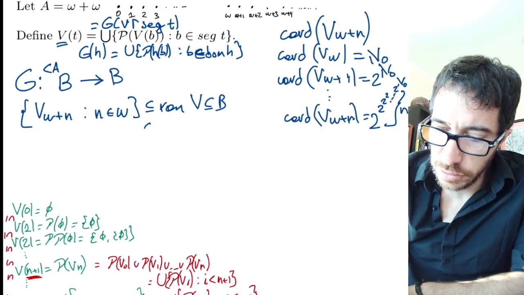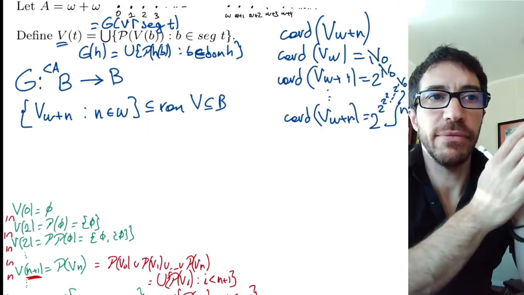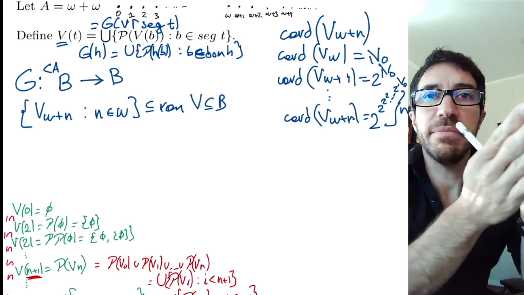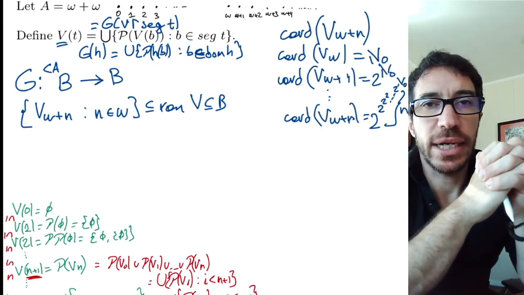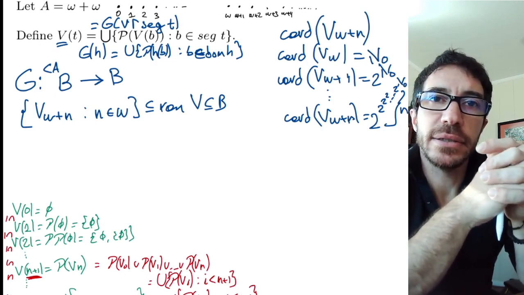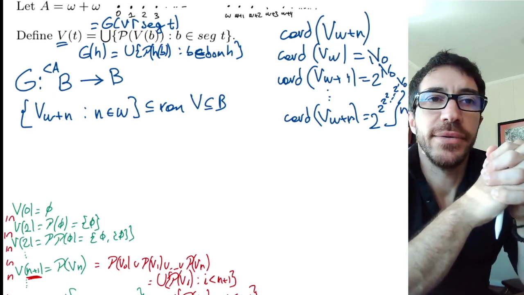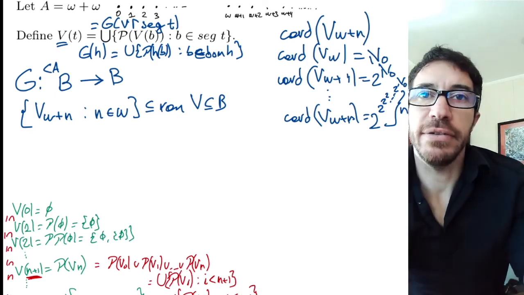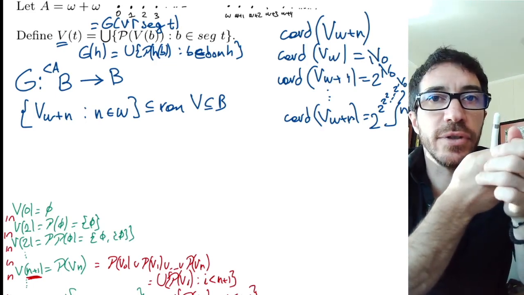But we don't have these guys. We have each of these guys separately, right? We can build V. If you give me n equals 17, I can apply the power set axiom 17 times and build V omega plus 17. Fine. N equals 174, I can define V omega plus 174.